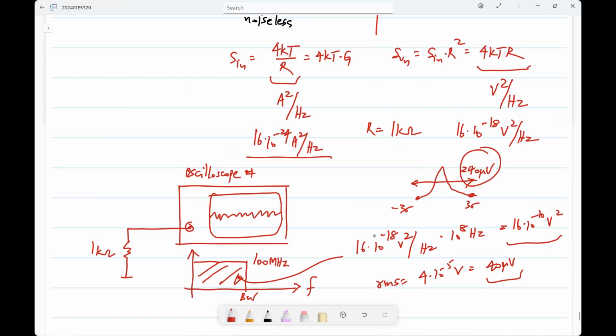Any questions on noise? So now, for any noise calculation, we need the noise model of the component, and circuit analysis we already know, right? All noise analysis is small signal analysis. So the noise model will consist of the model that you already know plus some source to represent the noise.